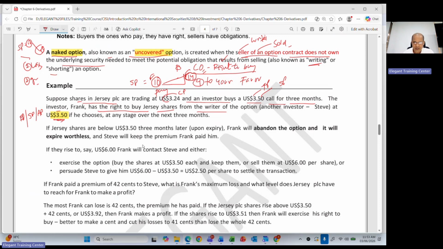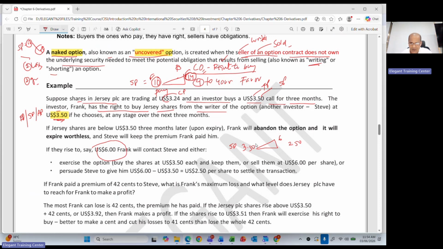3.5. Now suppose the price has gone to 6 dirhams. So strike price was 3.5. Now market price is 6. What you will say? Hey, I want my shares. That's called exercising the right. So how much you will get? You get 2.5 as your gain, right? So that's your gain.